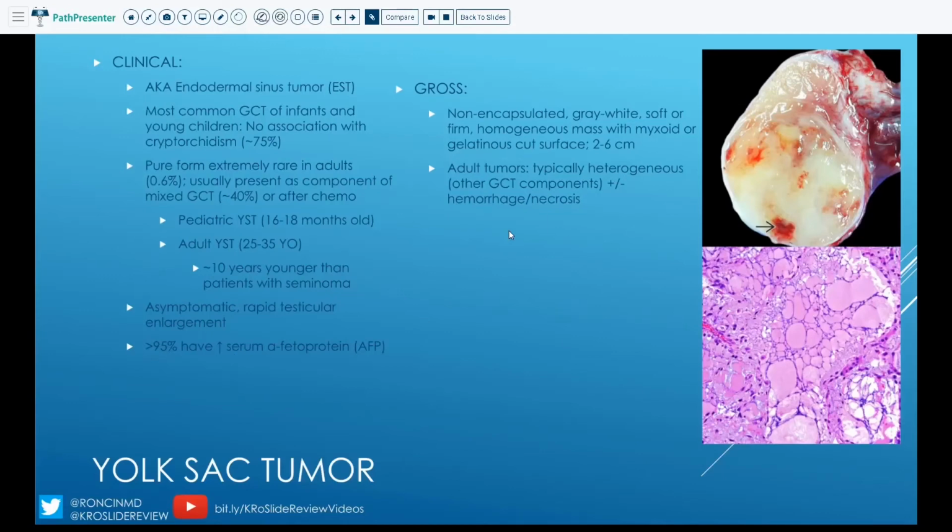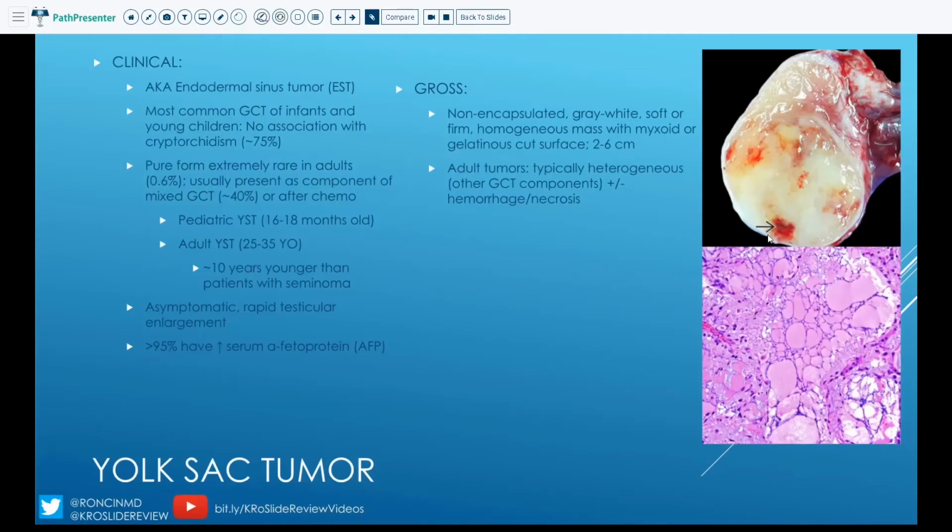Grossly, these are very similar to almost everything else that we've seen in this area, where they'll be non-encapsulated, soft, relatively homogeneous, but what makes them a little different is that they tend to have this myxoid or gelatinous type cut surface. And usually in adults, they're going to be heterogeneous.